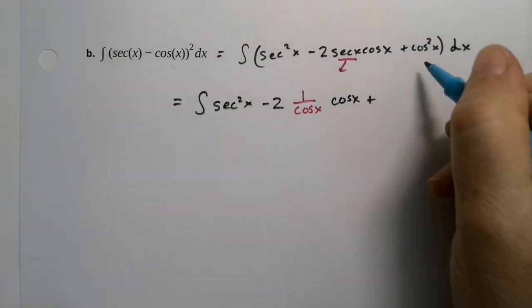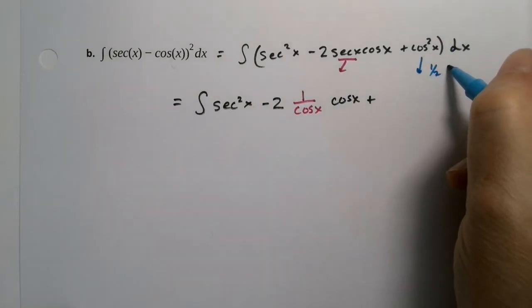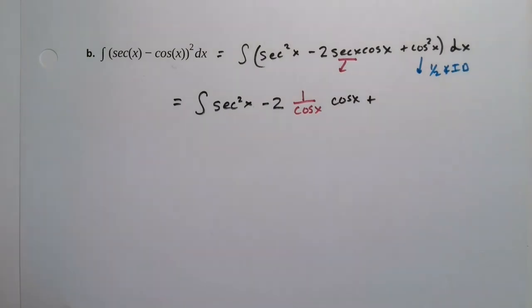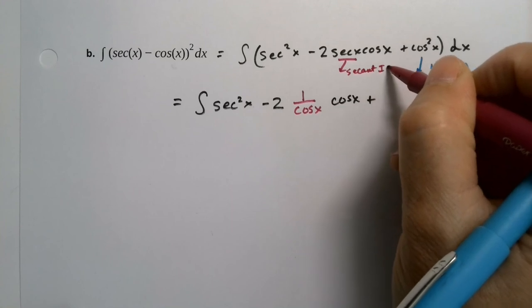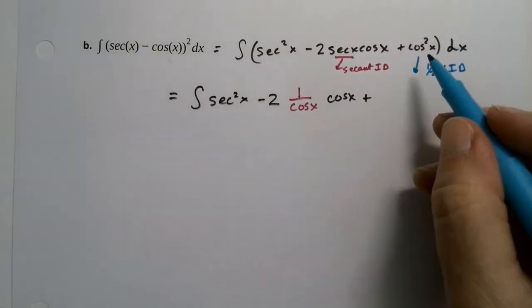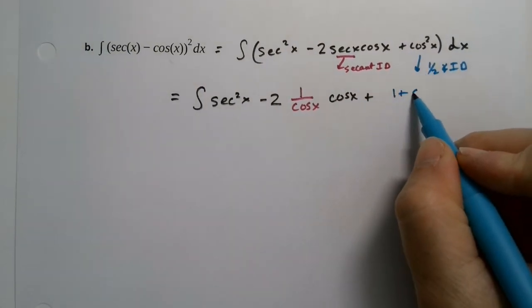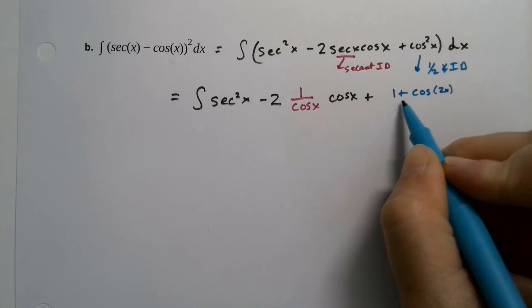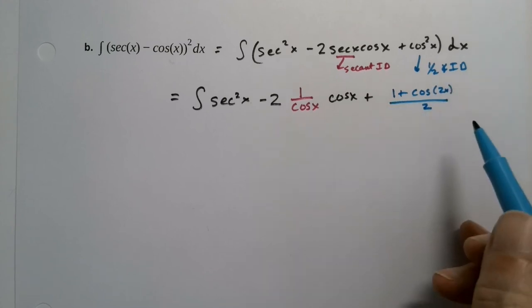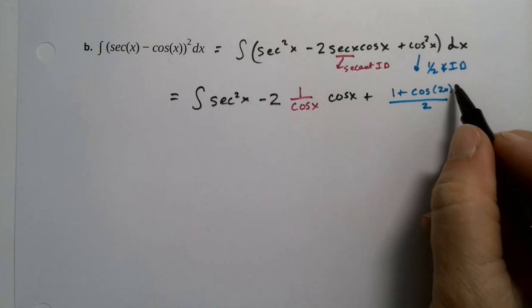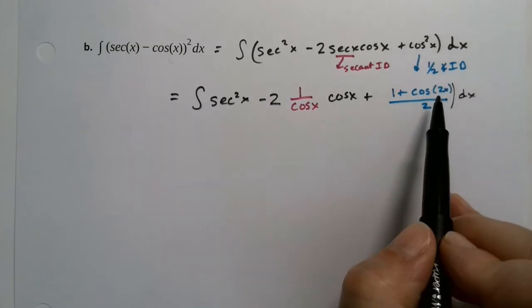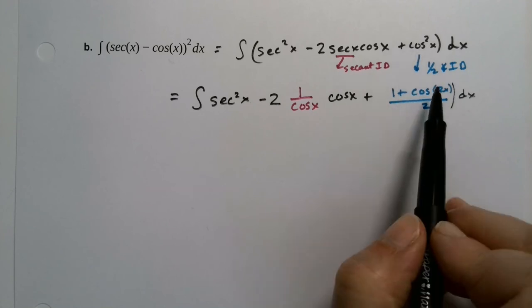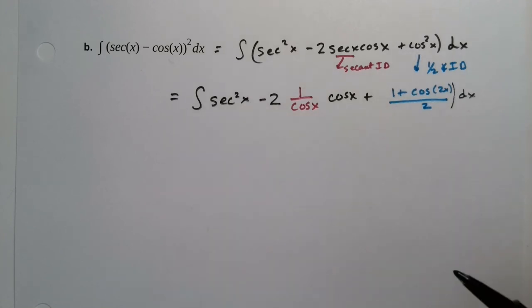So this is the half angle identity, and this was the secant identity. So I'm using two different trig identities. Cosine squared is 1 plus cosine of 2x over 2. And the half angle is the fact that this is cosine of x and this is cosine of 2x. The angle here is half of what it is there. So that's the half angle identity.